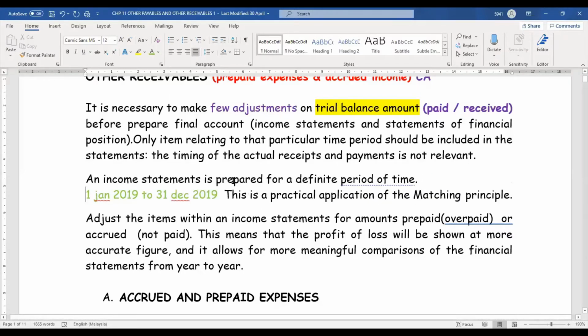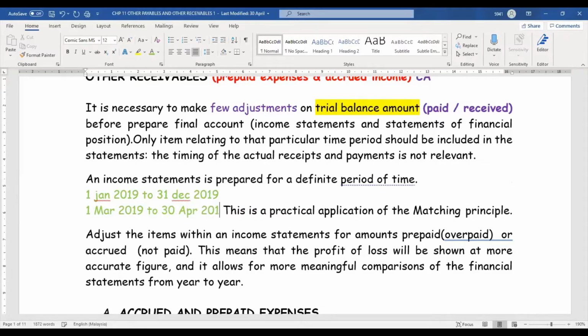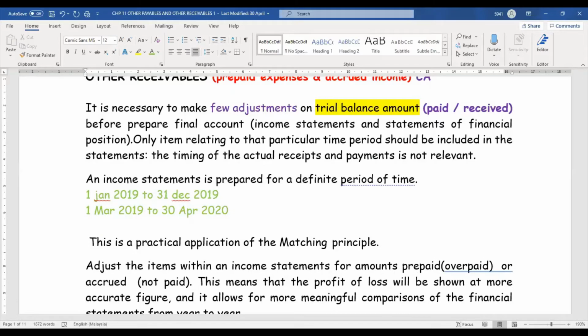Or it can be 1st March 2019 to 30th April 2020. So the 12 months can start any month.